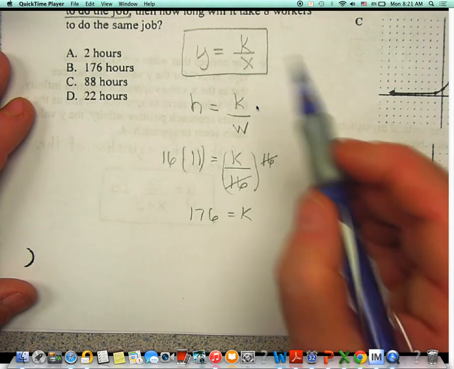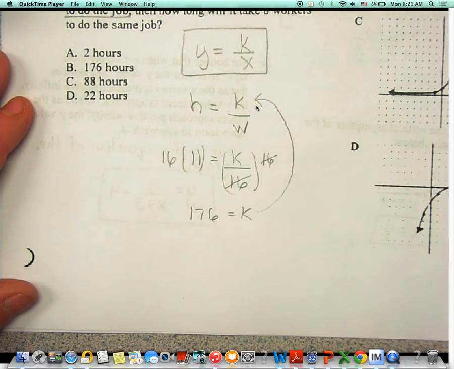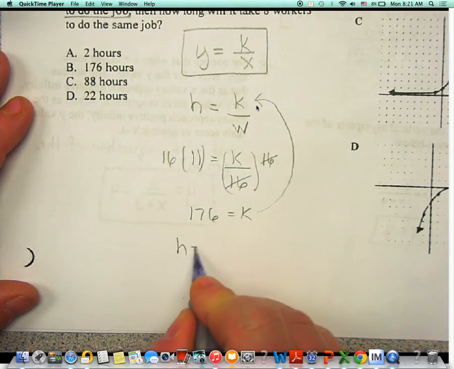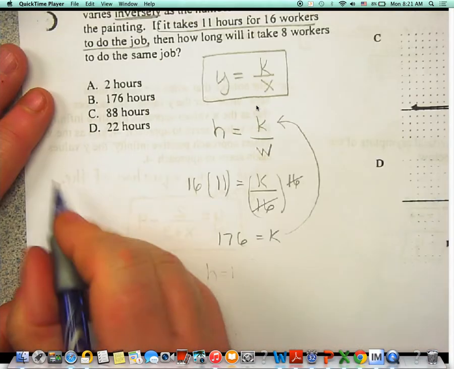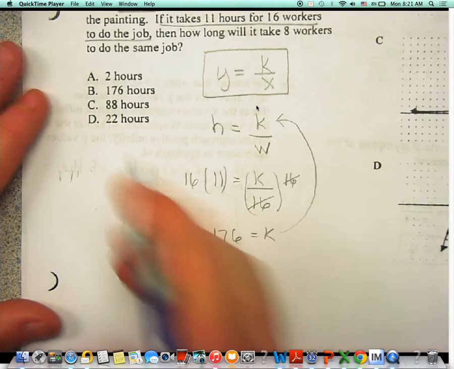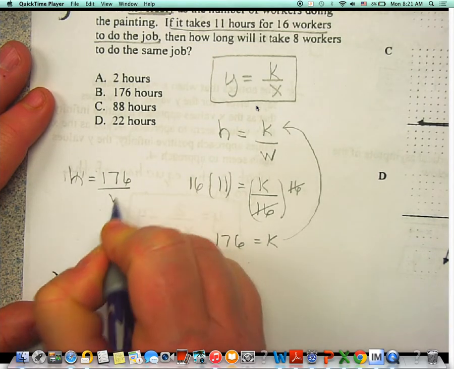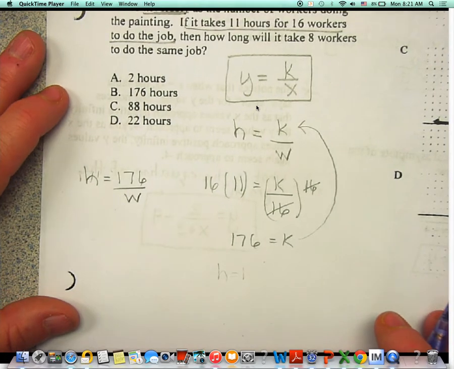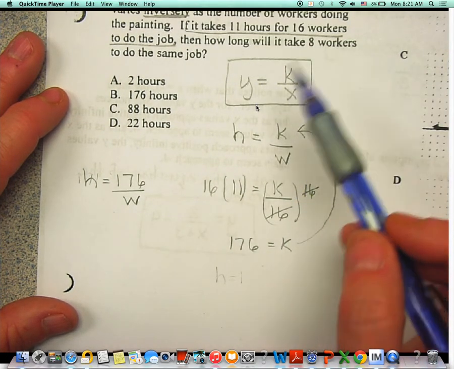So now we're going to plug that back in here for K. H equals 176 over W. Then it says how long will it take 8 workers to do the same job?